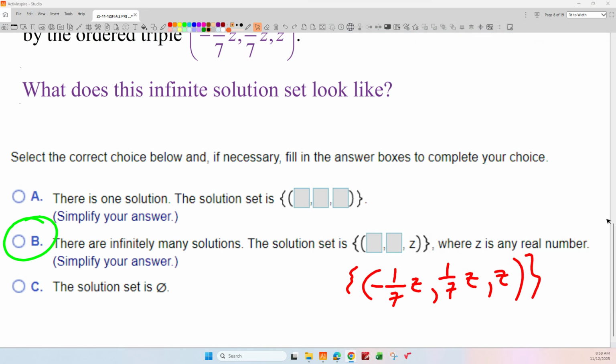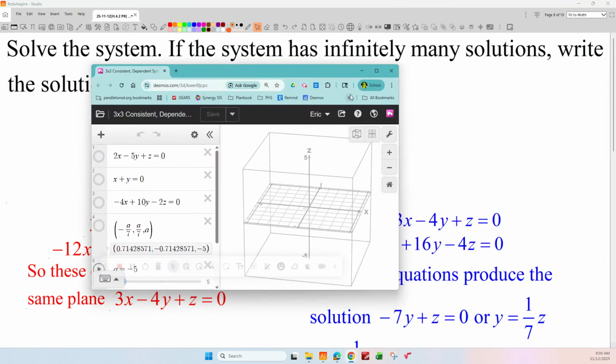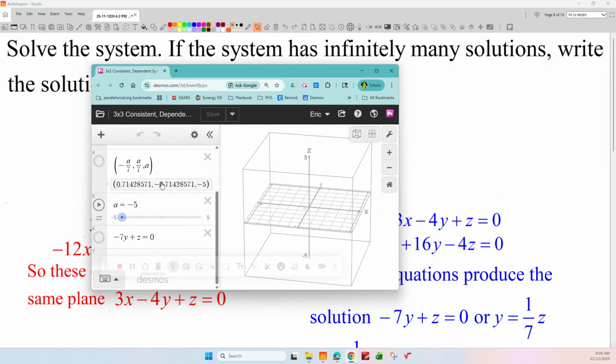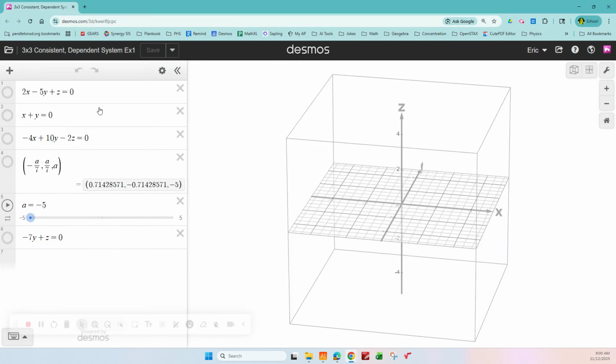It looks different. Okay, I picked a different set of equations, I don't know why, but they're all equivalent. Just trust me on that. I don't know why I wrote those down as different equations.